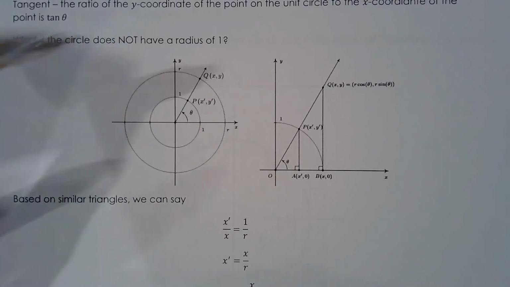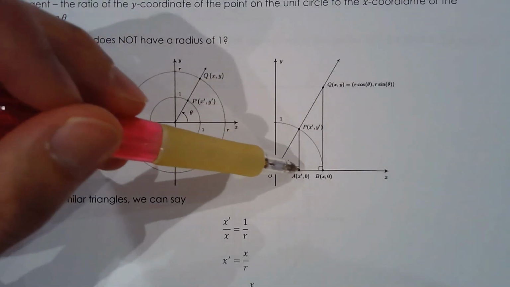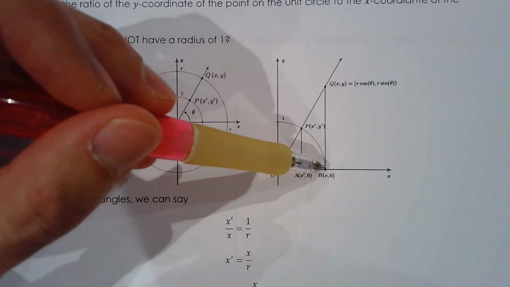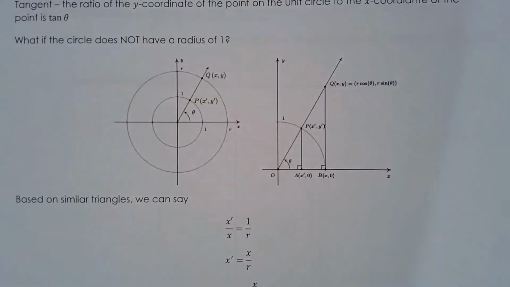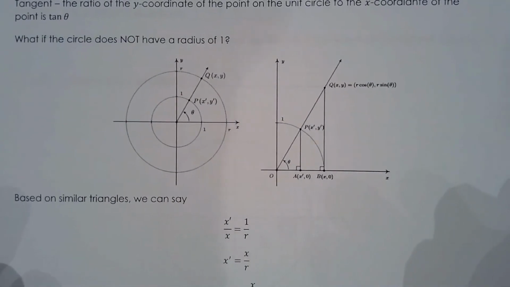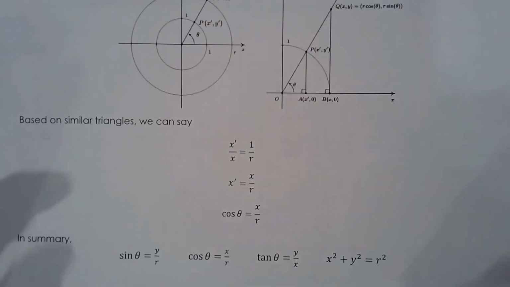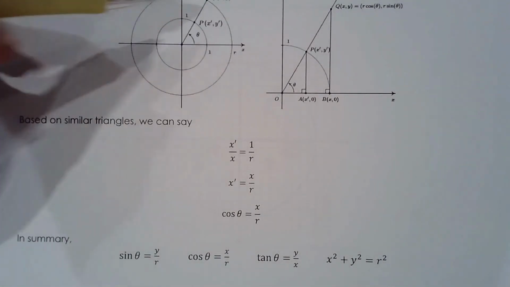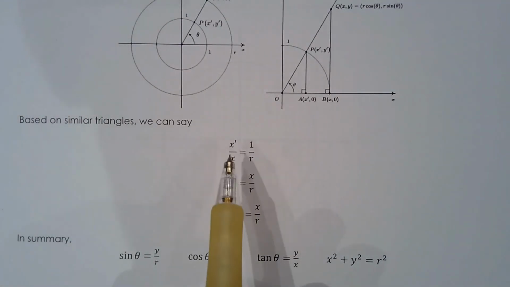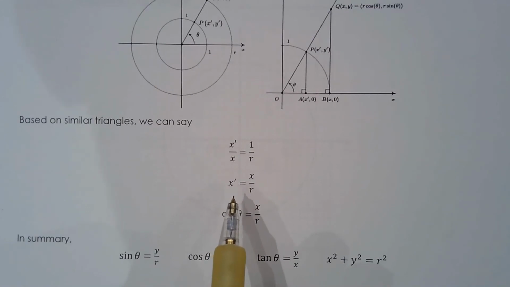So x prime over x is equal to 1 over r, r being, of course, the radius of this concentric circle. We're going to isolate for x prime. And remember, x prime is the x coordinate of point P, which is on the unit circle, which we defined earlier as cosine theta.